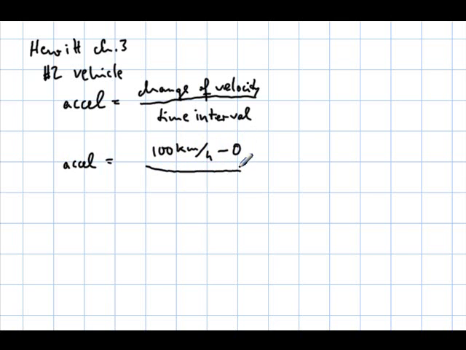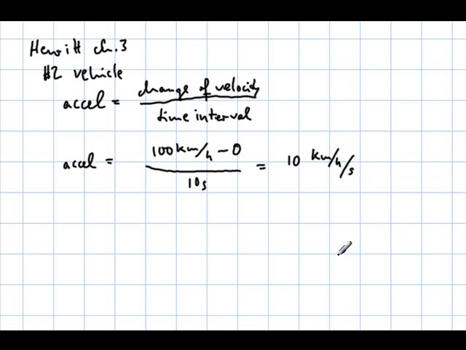Now technically I wouldn't have to write that down, but I do to show that change of velocity means the difference between the two, and then divide that by the time interval, which is 10 seconds. And when I do that, 100 minus 0 is 100, and 100 divided by 10 is 10. And then the units are kilometers per hour per second, and if I wanted to, I could put the hour and the second together in the denominator.